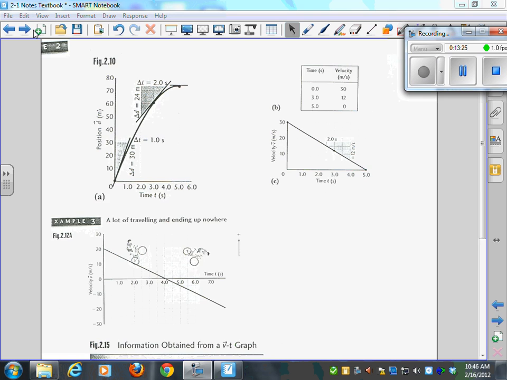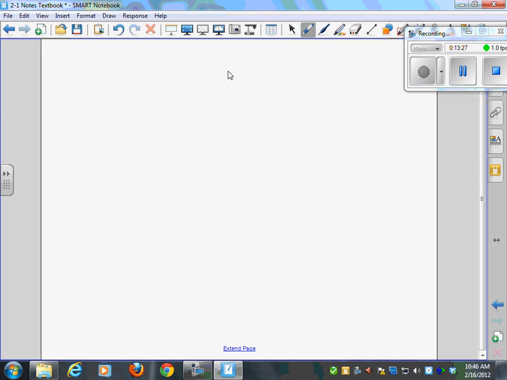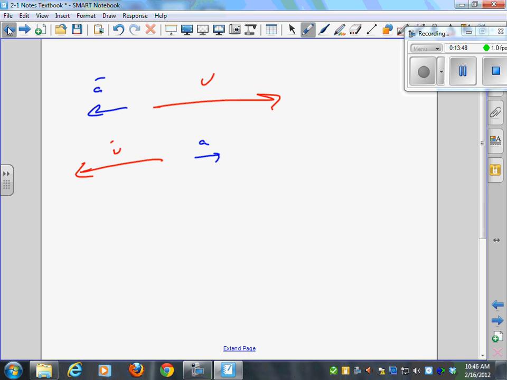If the velocity is this way, and the acceleration is that way, it's going to be slowing down. If the velocity is this way, and the acceleration is that way, it's going to be slowing down, right? Doesn't matter. Slowing down.